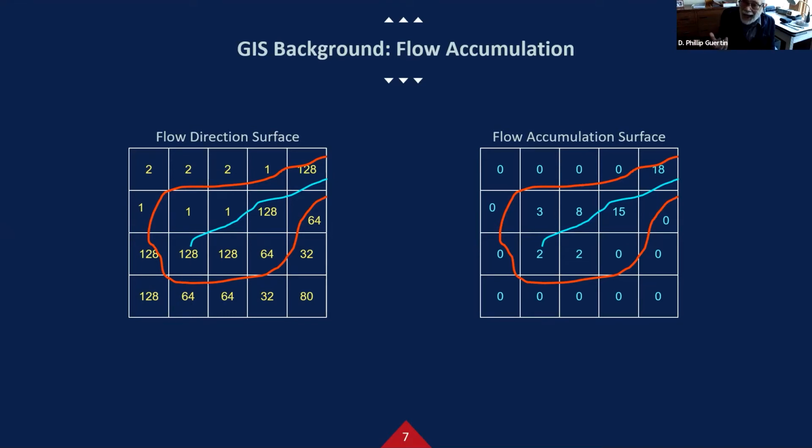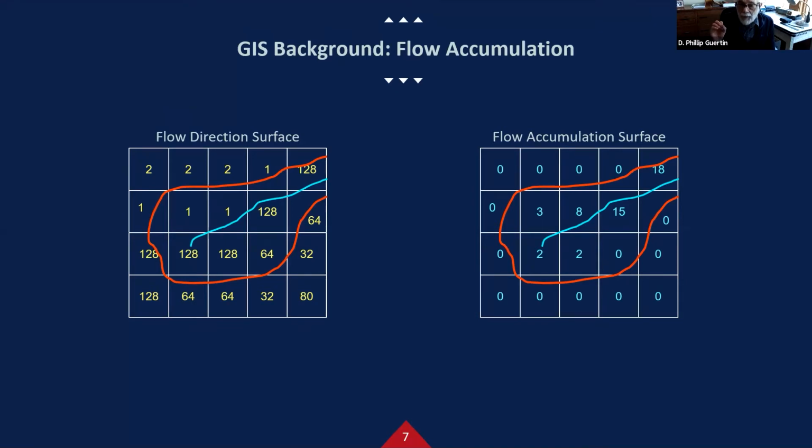We're accumulating cells. When we see a cell with a high accumulation value, we can assume that may be an area where we would find a drainage channel.